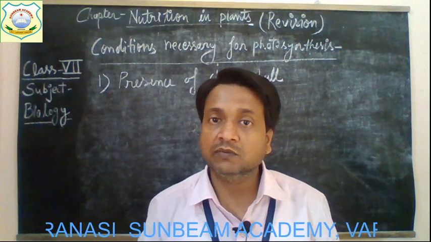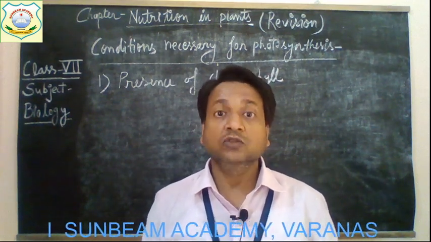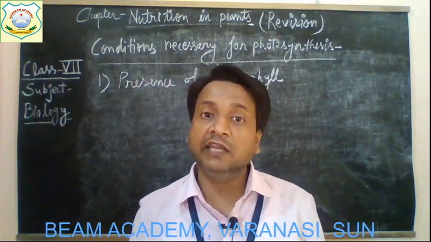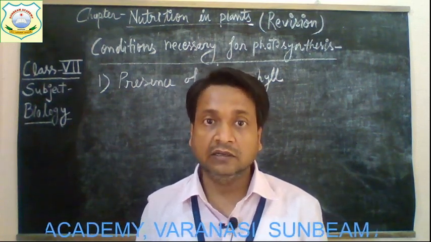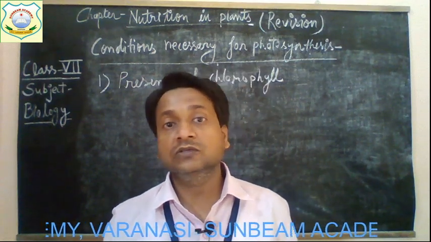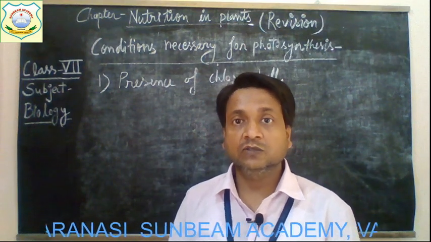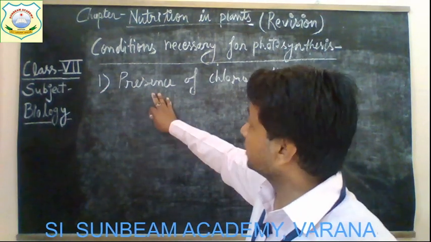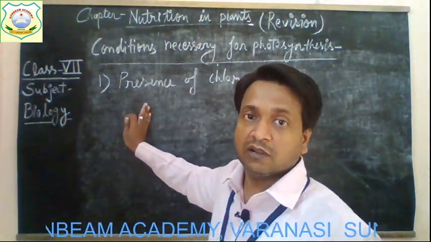So photosynthesis will not occur there and food will not be prepared. Okay, so you can say that the process of photosynthesis occurs only in the green part of the plant, not all parts of the plant, which are non-green. And the non-green plants also don't have the process of photosynthesis. Alright, children. So the green parts of the plants have photosynthesis because of the presence of chlorophyll. So this is the first condition which is necessary for photosynthesis.